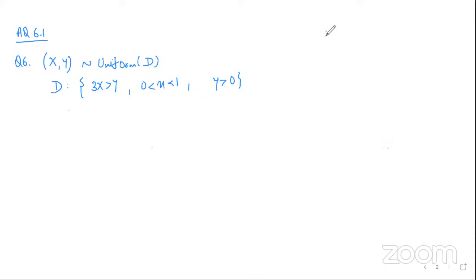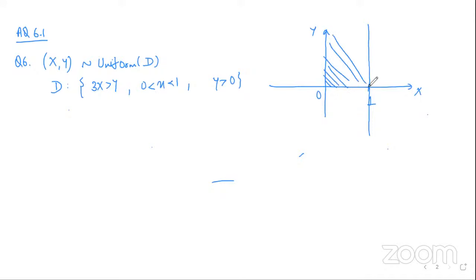So x should lie between 0 to 1. If this is our x and this is our y, then x should lie between 0 to 1 and y should be greater than 0. So basically we have this region here, and we want it to be 3x greater than y.